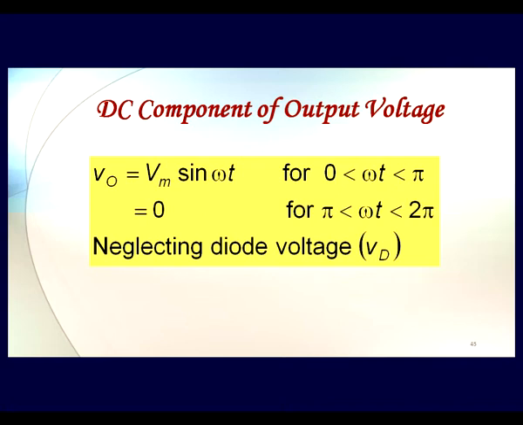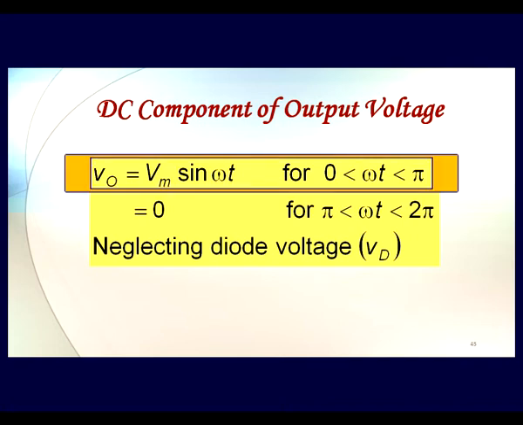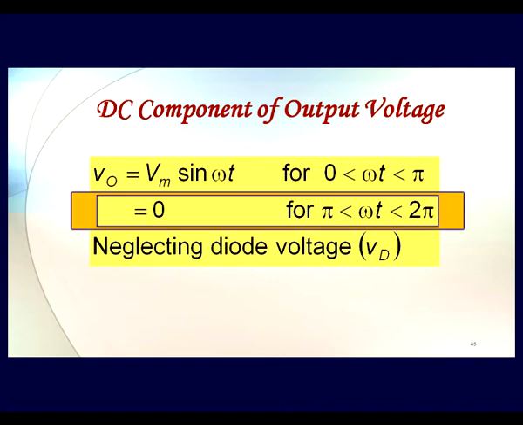A sine wave typically repeats after 0 to 2 pi, so it keeps on repeating after every 2 pi interval. So during a 2 pi interval, the output VO is Vm sin omega t for 0 to pi and 0 for pi to 2 pi.